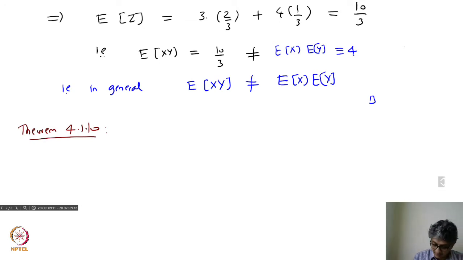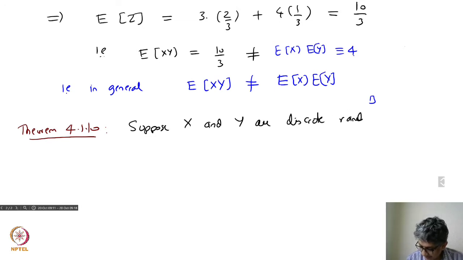Nice fact. So suppose X and Y are discrete random variables, both with finite expectations.